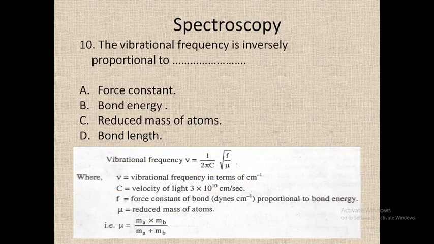So we know that vibrational frequency nu is equal to 1 upon 2 pi c under root f by mu, where nu is the vibrational frequency, pi and c are constants, c is the velocity of light, f is the force constant of the bond, which is proportional to the bond energy, and mu is the reduced mass. So if you see here, the vibrational frequency is inversely proportional only to reduced mass because pi and c are constant values. So answer C will be the correct answer.